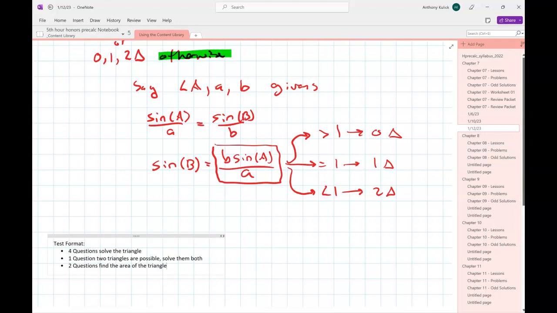Two questions where I ask you to find the area of the triangle. And then I have 2 story problems where we're just going to be using the law of sines or cosines to determine a length inside of a story problem.